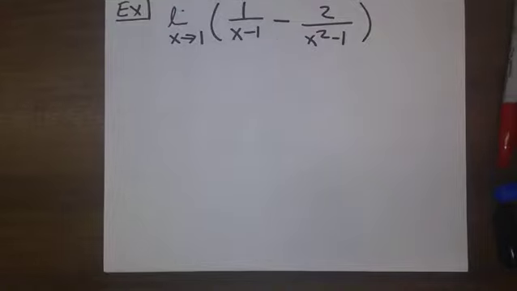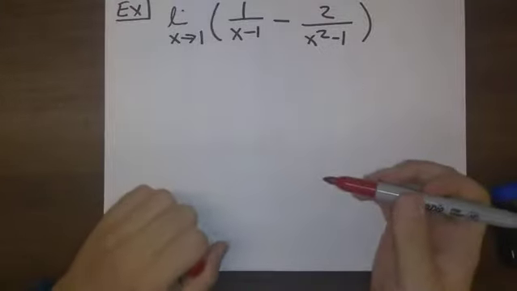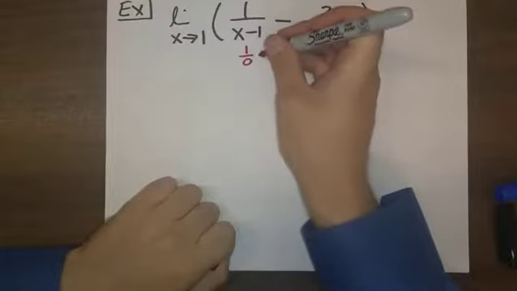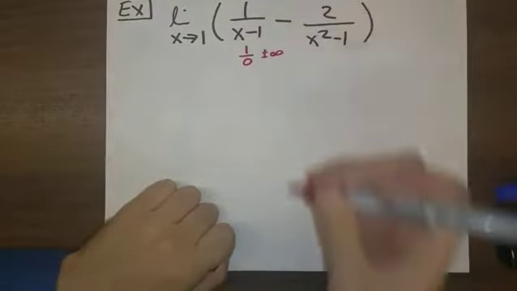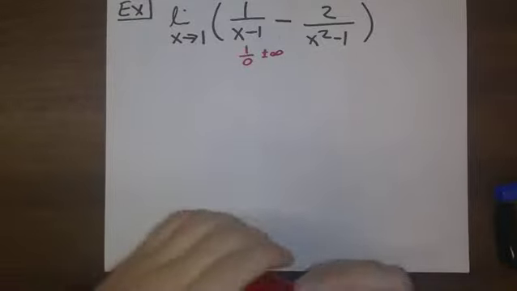So now what happens when we plug in x is equal to 1 here? Well, this is going to be a 1 over 0, which looks like either plus or minus infinity, depending on whether we're taking the limit from the right or the left.